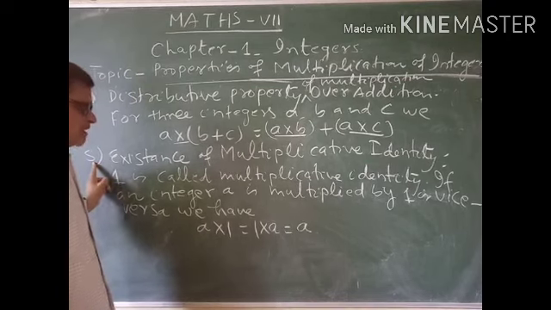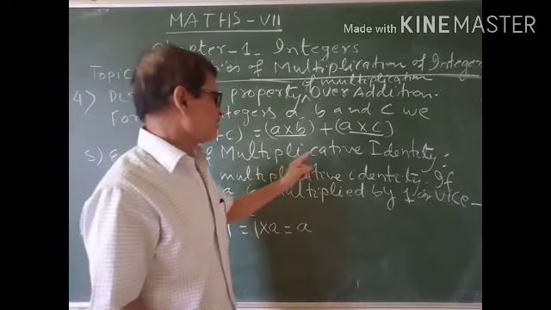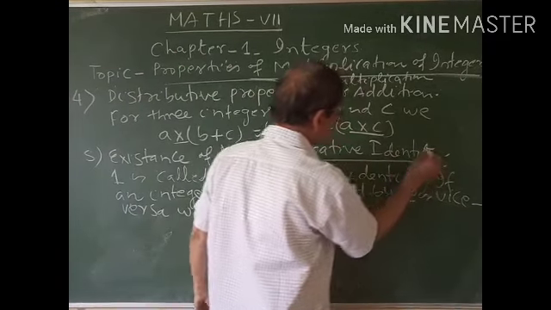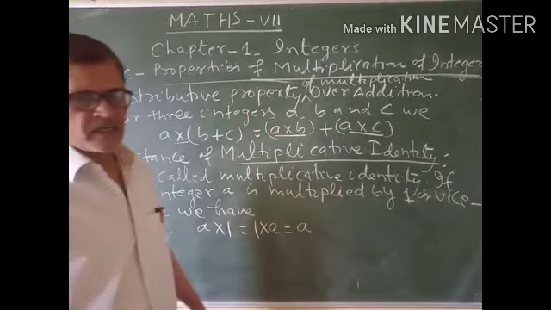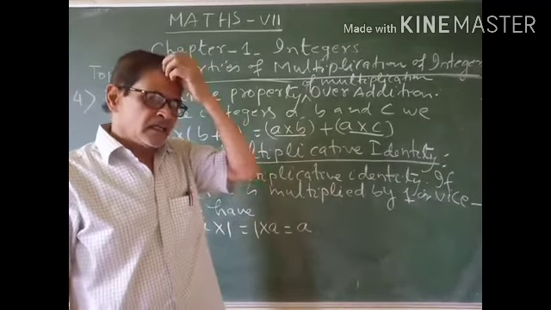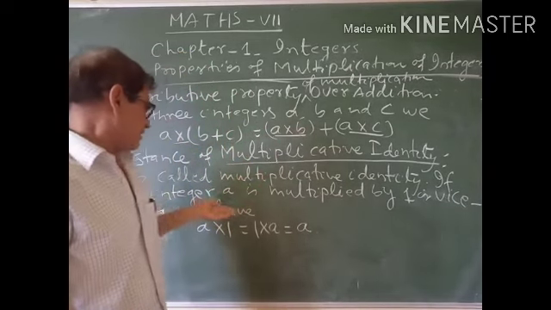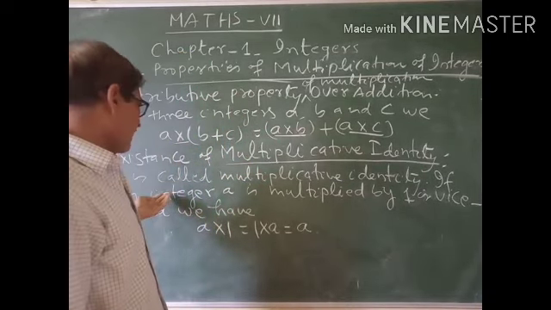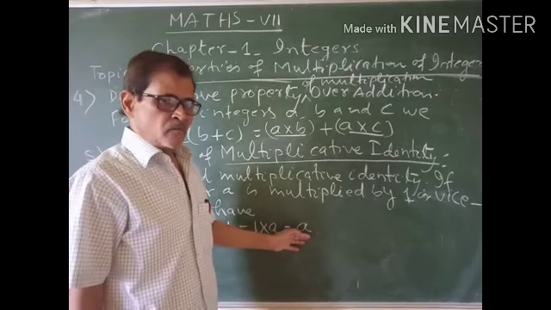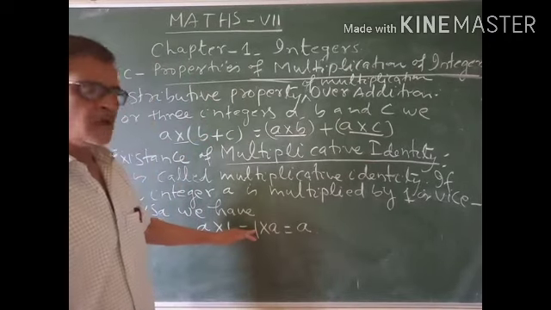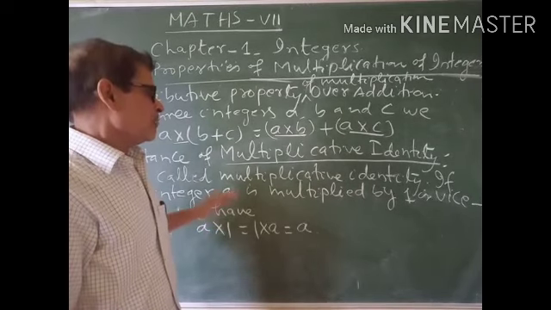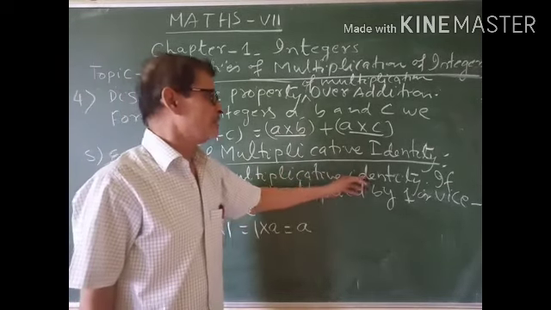The fifth property is existence of multiplicative identity. Multiplicative identity is a number, an integer, if it is multiplied with an integer, then we get the same integer. Means there is no effect in magnitude of the integer if it is multiplied by its multiplicative identity.